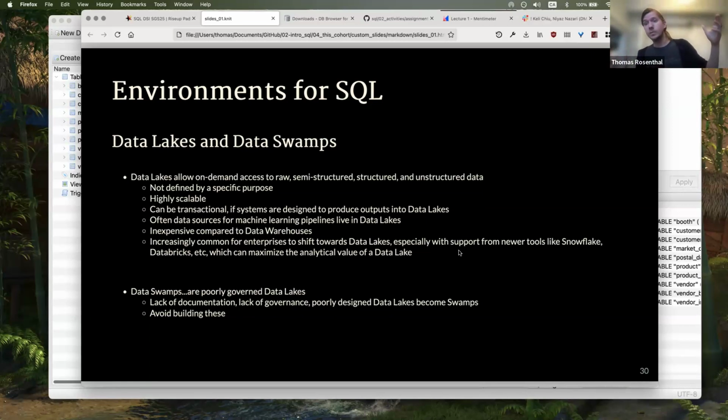Because you're having such a volume of data, you probably want to store that in a different way, likely not a SQL database, but something like a flat file, like a JSON file instead. It's more portable, it's more storage friendly.